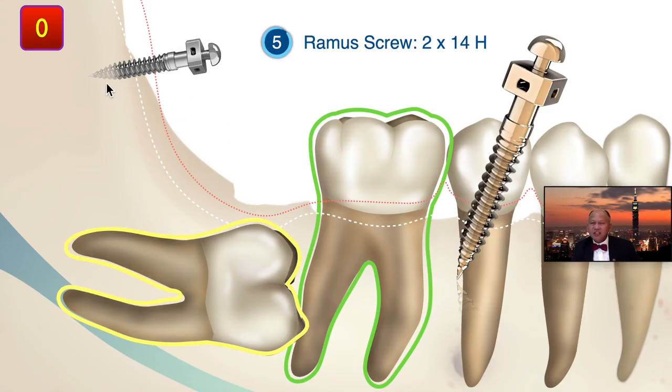So I really suggest you get a little bit longer, which is 2 by 14. And I want 2 millimeter because this area is very dense cortical bone. You want the screw as strong as possible, and 2 millimeter diameter can get the job done.